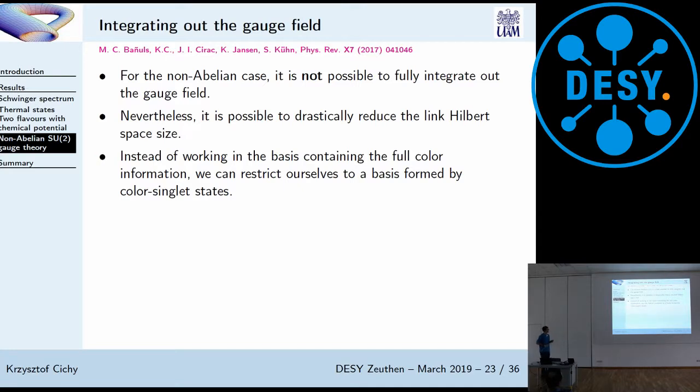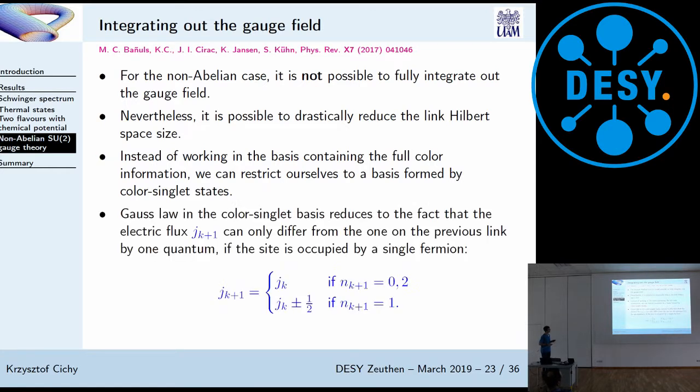And instead of working in a basis containing the full color information, one can restrict oneself to a basis formed only by color singlet states. So the Gauss law actually takes the form that if you know the electric flux on side K, and if you know the matter content on the next side, then your flux on the next side is either the same, if your matter content is 0 or 2, or it can differ by 1 quantum if your matter content is 1 fermion.